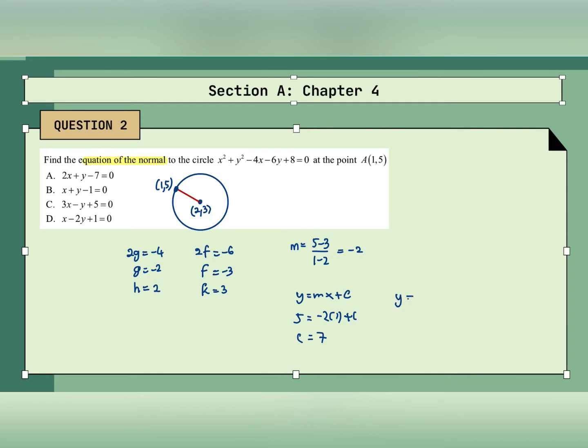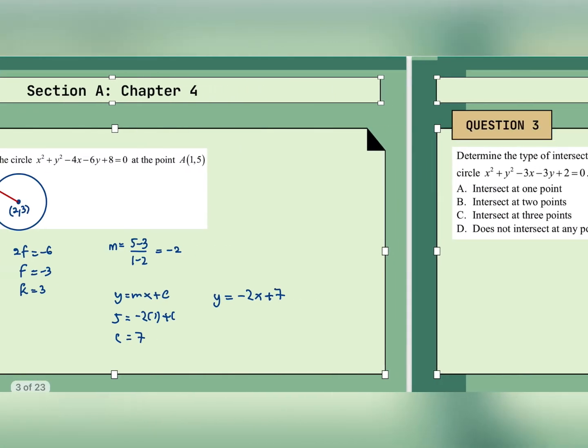So Y equals to M kita tadi adalah negative 2 X plus 7. Ataupun kalau kita rearrange dia akan dapat 2X plus Y minus 7. Sorry, terbalik. 2x plus y minus 7 equals to 0. Okay, so inilah jawapan dia adalah A.